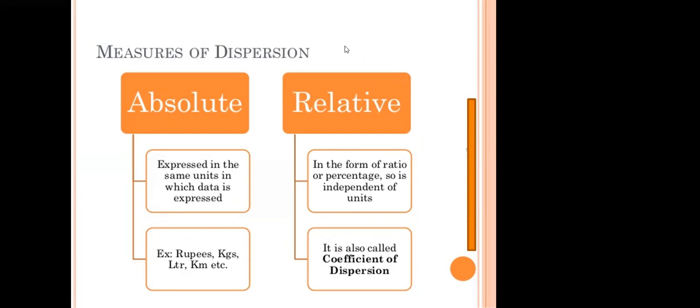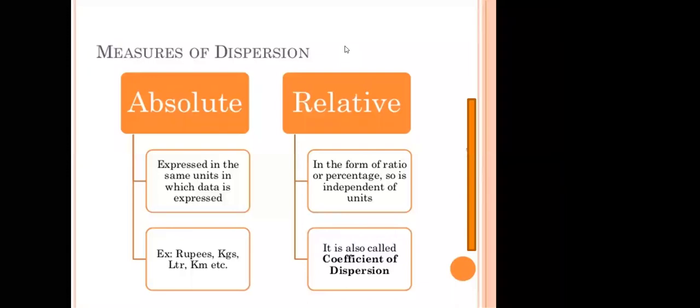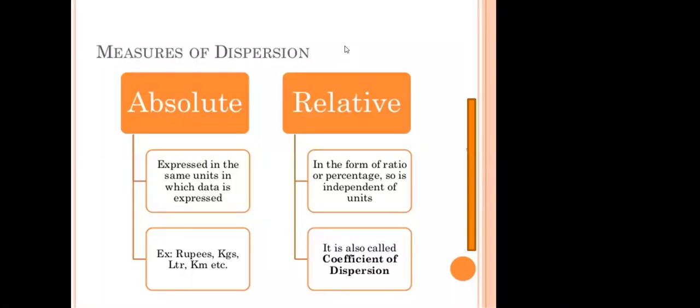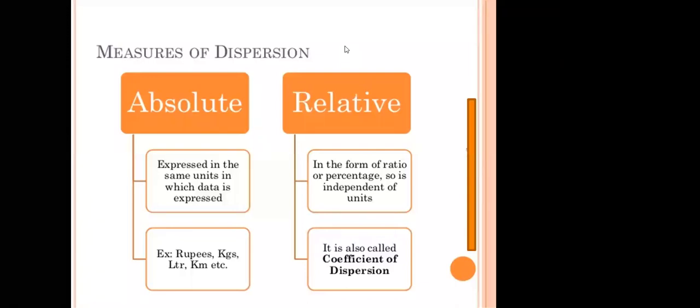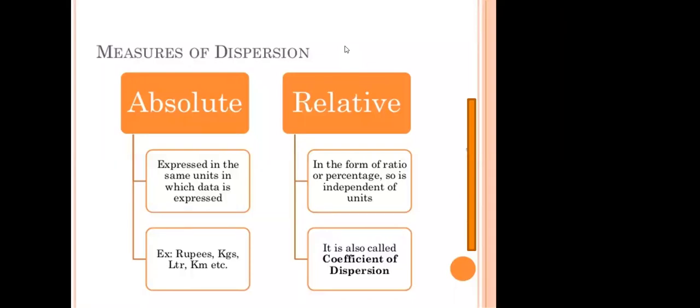On the other hand, the relative measure of dispersion refers to variability stated in the form of ratios or percentages. Thus, the relative measure is independent of the unit of measure. It is also called the coefficient of dispersion. Basically, these measures are used to compare two series expressed in different units.